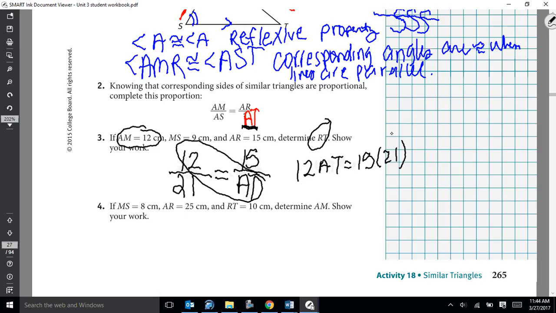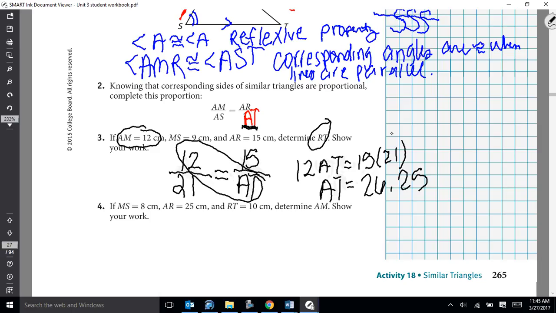Well, do we have it? 26.25. Okay. I heard numbers, but not with confidence. So AT equals 26.25. But is it asking for AT? No, we need to answer the question that's being asked.